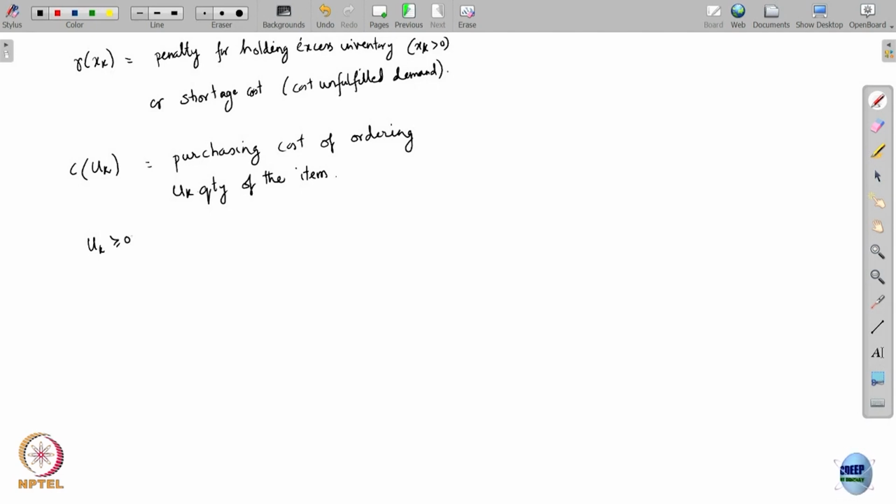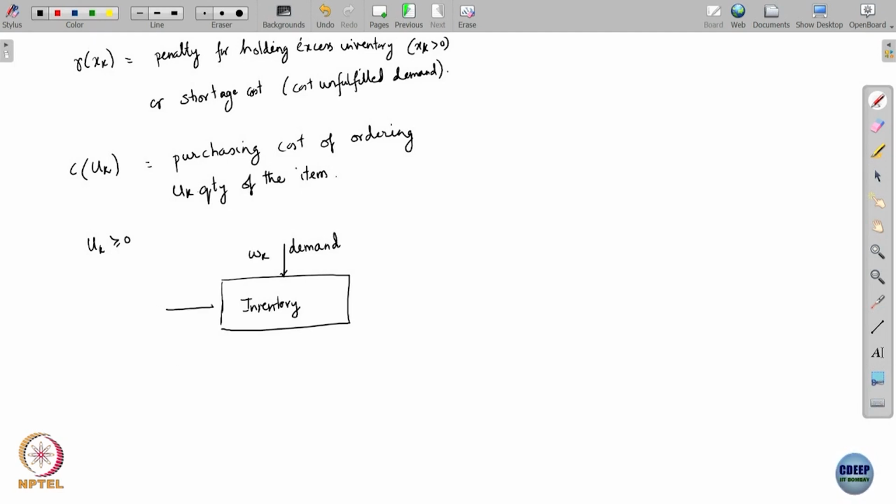Now, if you think of what is going on here in terms of a block diagram, you have your inventory, and it gets in demand W k.